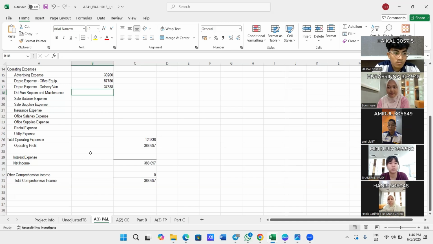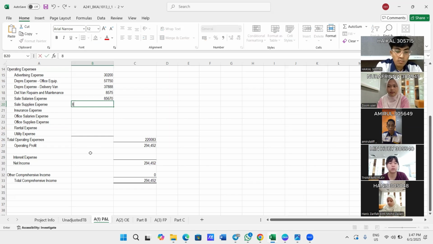For the delivery van repair and maintenance expenses, the amount is 8,575. For the sales salary expense, the amount is 85,670. For the sales supply expenses, the amount is 8,560. Haikal, can you continue for the other expenses?